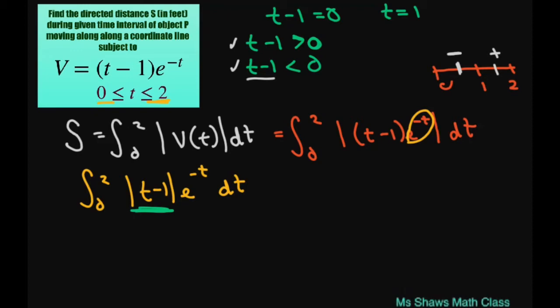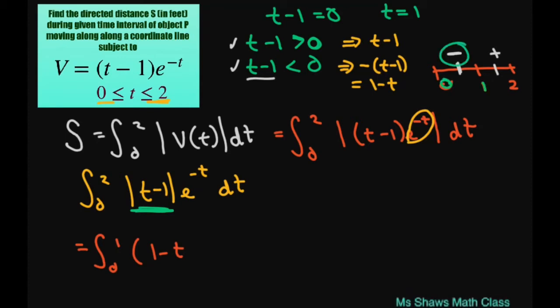Therefore, when it is positive, I'm going to have t minus 1. But when it's negative, I'm going to have negative t minus 1, which equals 1 minus t. So I set up my integral as the integral from 0 to 1 of 1 minus t times e to the power of negative t dt, splitting it up because from 0 to 1 it's negative.